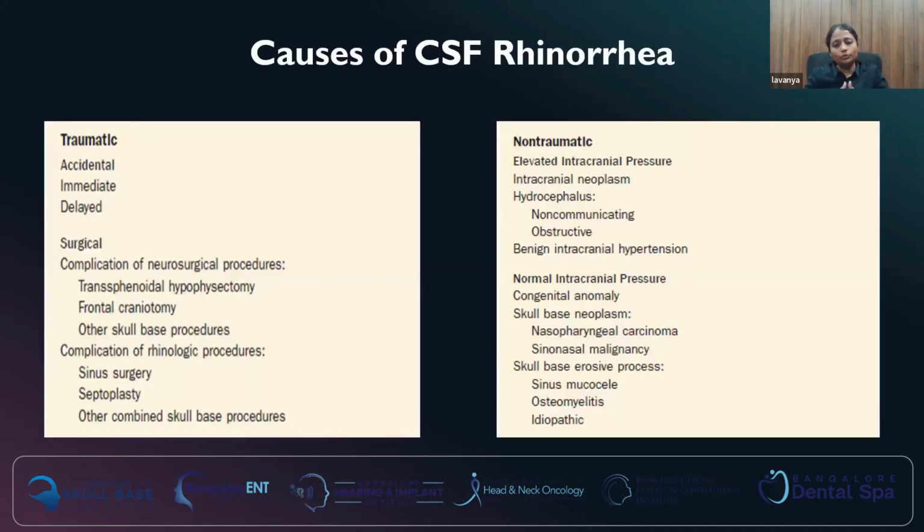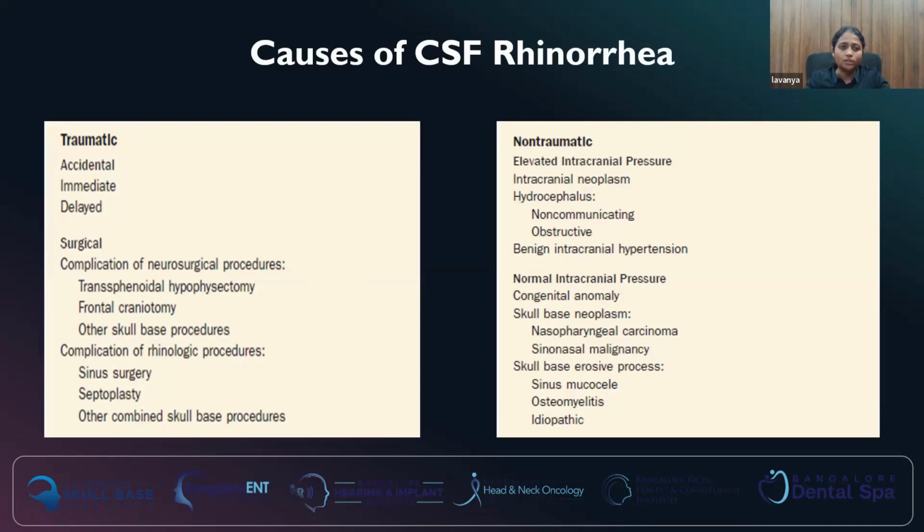So we'll move on to the main topic for today, that is CSF Rhinorrhea. Starting from the beginning, what are the causes of CSF Rhinorrhea? They can be broadly classified into traumatic causes and non-traumatic causes. Traumatic causes can be accidental, immediate, or delayed. Also, the trauma could be because of surgical complications.